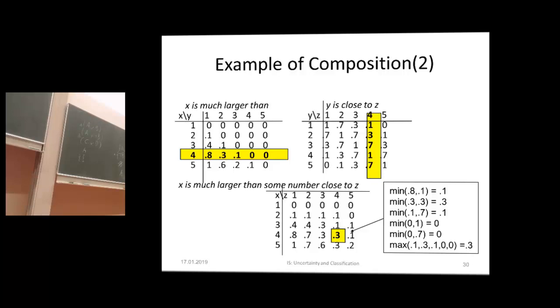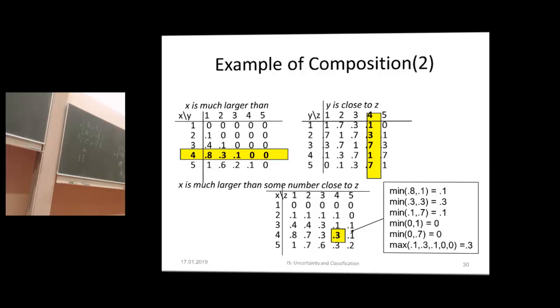If I look at this representation of the relation between X and Y, then 1 is obviously not much larger than anything. 2 is a little bit much larger than 1. 3 is already quite some more larger than 1. 4, of course, is absolutely, and so forth, and that's where you get these values from. That's a representation of the notion of being much larger than.